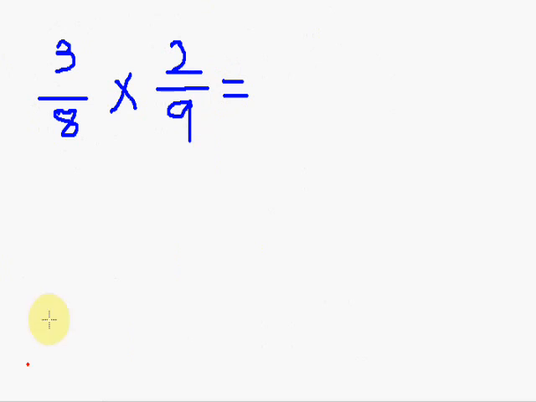Okay, let's look at this. We know the 2 and 8 can cancel, and the 3 and the 9 can also cancel. So we're going to reduce this: 2 going into 2, 1, 2 going into 8, 4. We're working diagonally, and in the other one, 3 going into 3, 1, 3 going into 9, 3.